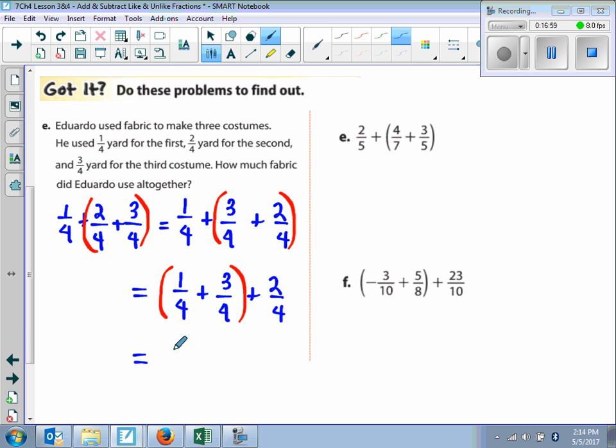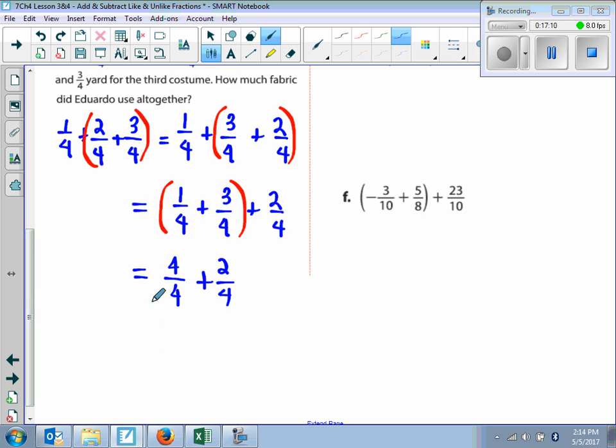We end up with 1/4 plus 3/4, which is 4/4, plus 2/4. So 4/4 is equal to 1 whole plus 2/4, which simplifies to 1 1/2 yards.